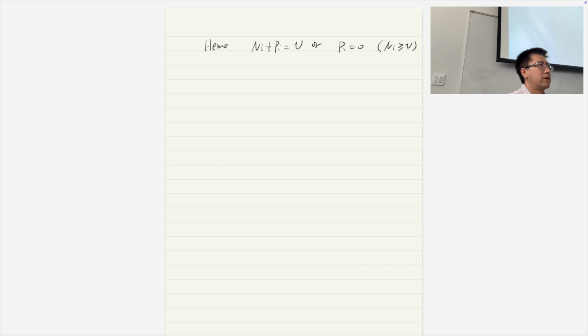You can verify that this is true. Therefore we can get the optimal pi: the optimal pi would be nothing but the maximum of nu minus ni and 0. If nu is less than ni, then it will be a negative number, so we pick 0. That's basically the solution here.